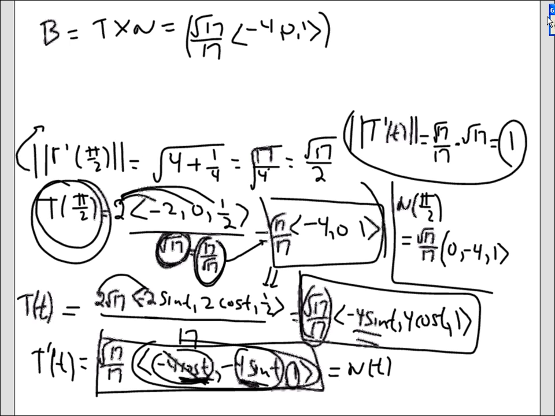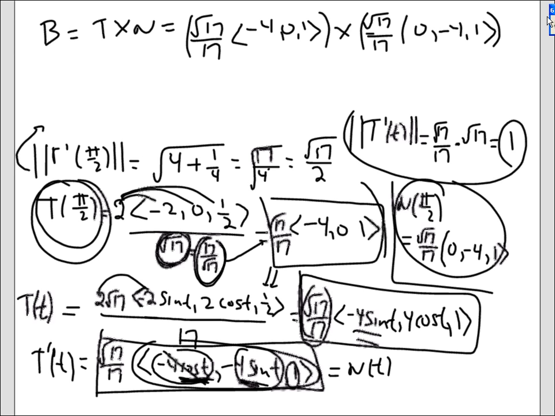And this gets crossed with N of pi over 2, square root of 17 over 17 times 0, negative 4, 1. And when you cross two vectors that have scalars, you can just multiply them. Remember, this is 1 over square root of 17, and that's 1 over square root of 17. You multiply them, you get 1 over 17, times the determinant.